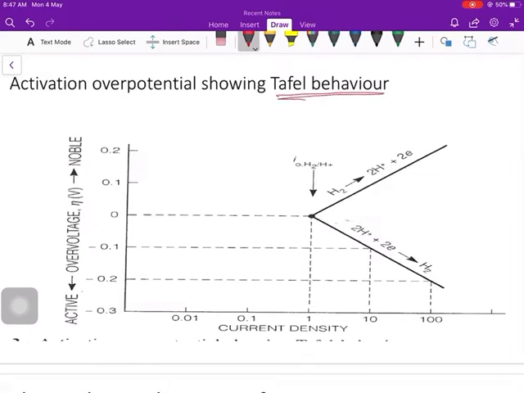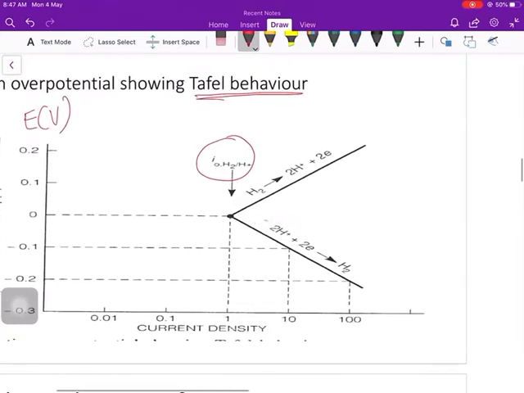So look at this diagram. This is called a Tafel behavior plot, to show the I naught, the exchange current density for hydrogen evolution. This is E, voltage, potential. This is I, current density.